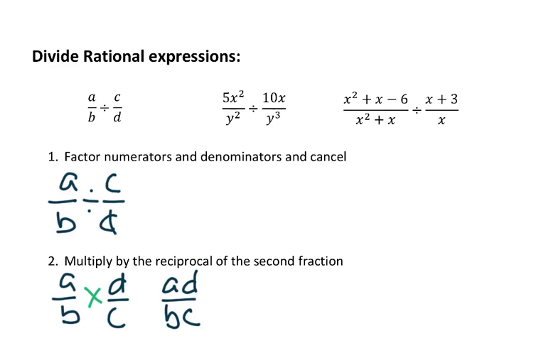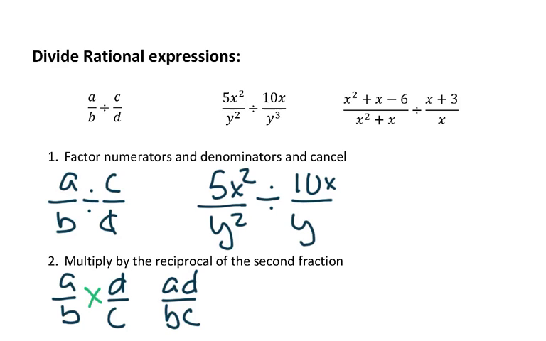Let's go to the next one and see how this goes. So I have 5x squared over y squared divided by 10x over y to the third.